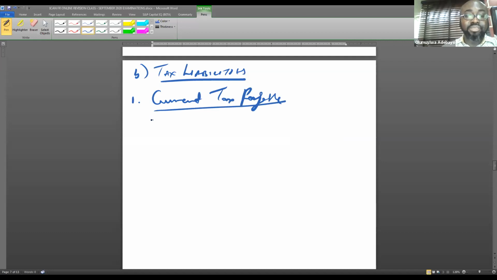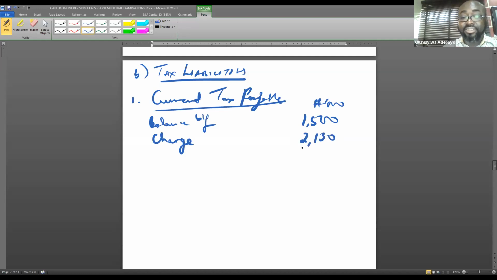What is our balance brought forward? Remember last year we provided for 1.5 million. That's our balance brought forward. Additional charge this year is 2,130 for current tax. That gives us what?